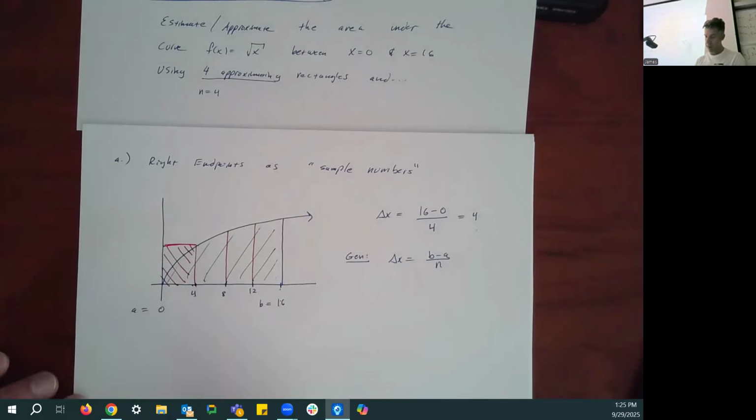So drawing the pictures gets to be kind of messy. So let's just think for a second. Instead of using 4 rectangles, what if we used n equals 8 rectangles with right endpoints?